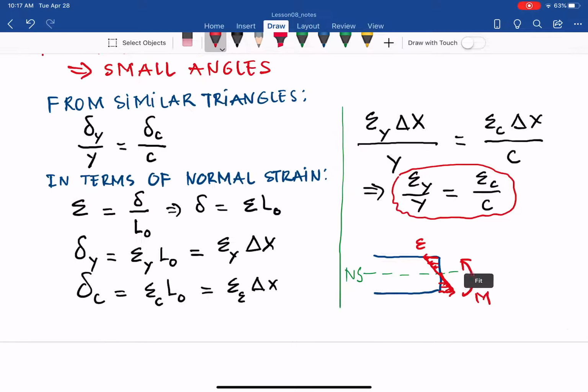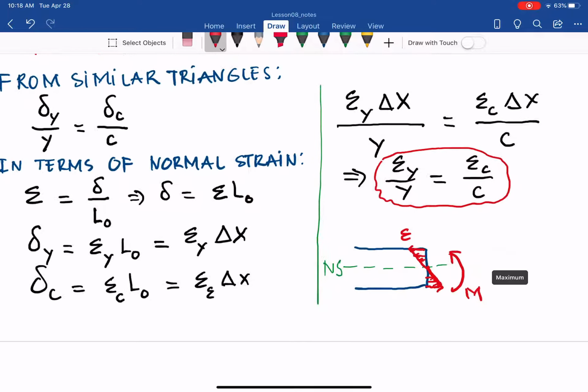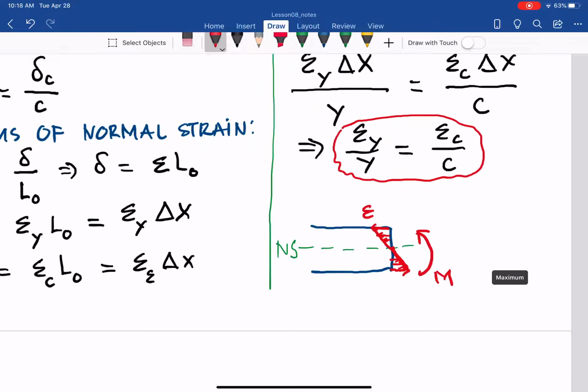So unlike the axially loaded member, where you remember the normal strain is the same throughout the cross section, with the bending moment it also creates normal strain, but it can be contraction or extension.